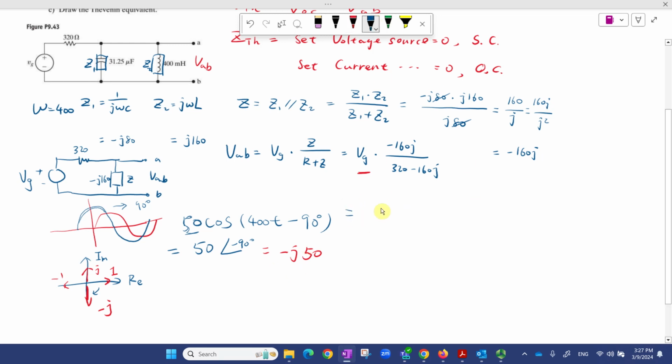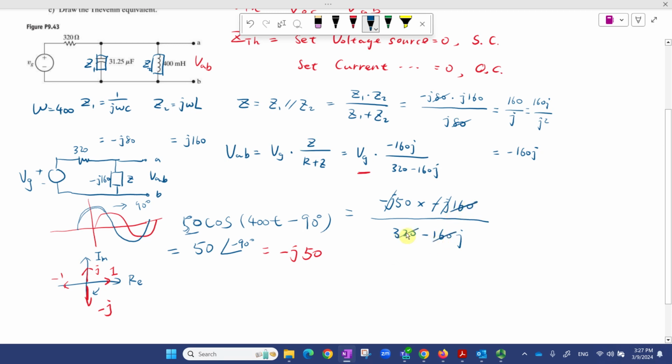So this becomes negative j50 multiplied with negative j160 and divided by 3 minus j160. Okay, so this 2 will become negative 1, and multiplied with another negative, they cancel, so only one negative sign is left, and we can cancel this 160 as well.